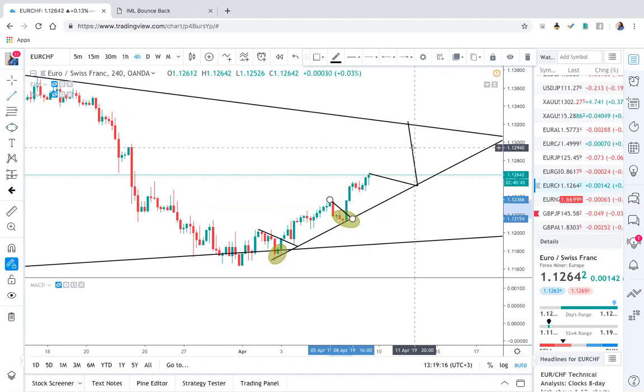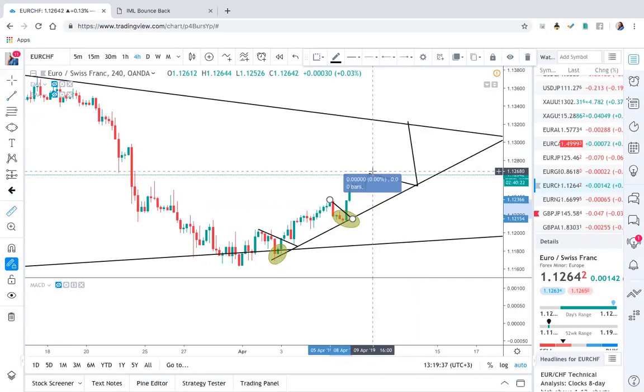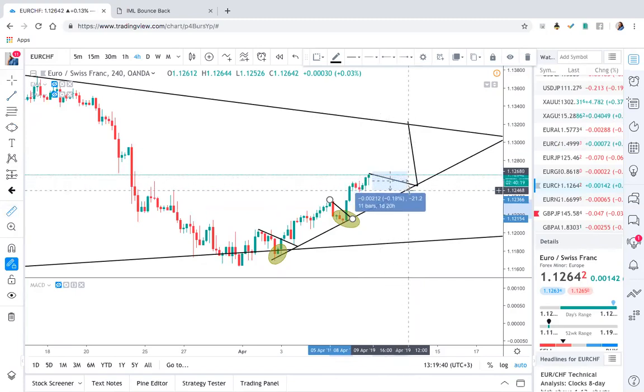So this is how you should be using Bounceback, to identify what it is that Bounceback is really seeing. What is Bounceback seeing, and how many pips can I look to get based on what Bounceback is telling me to do? If I do a pip count from about where we are now back to that trend line, you probably could aim for about 20 pips.